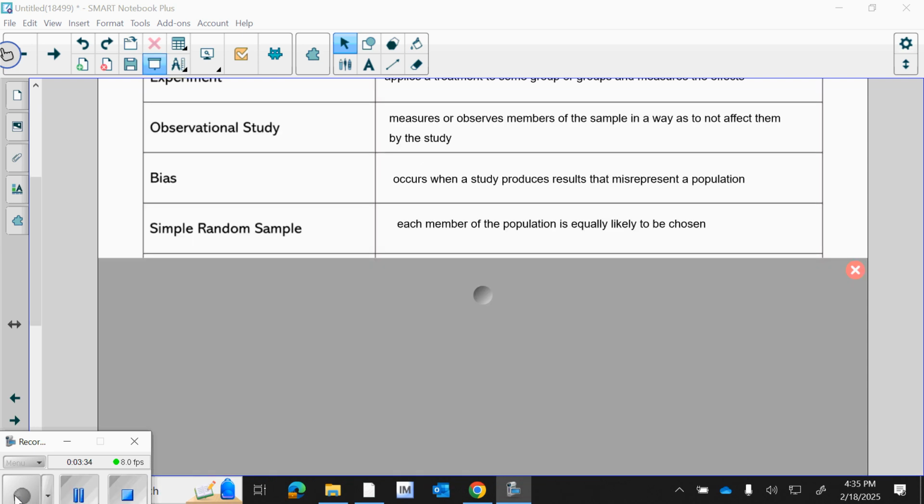So in an effort to avoid bias, there are many different sampling methods. One of the first I've got here on our definition list is the simple random sample. In a simple random sample, each member of the population is equally likely to be chosen. A good example of a simple random sample would be a computer-generated list where people are randomly selected from that list.